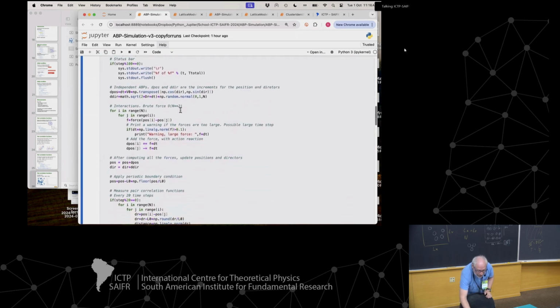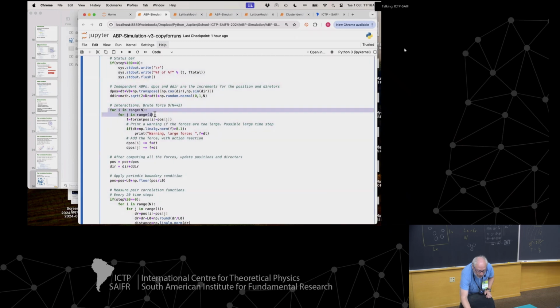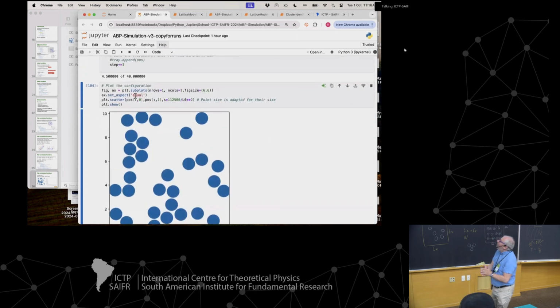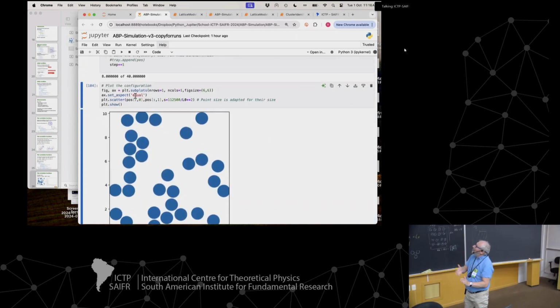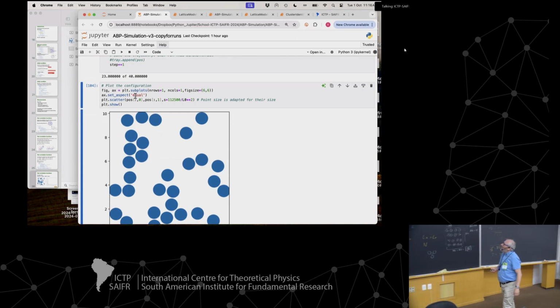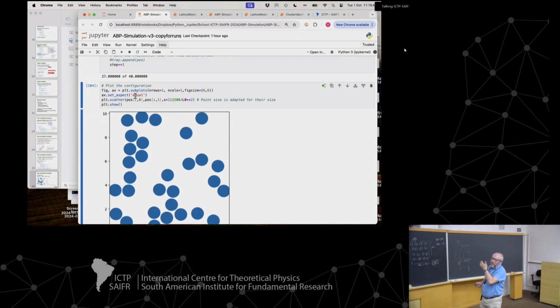As I told you, it's a brute force code over all the particles. And here it is running. Okay, you have to be patient. I put it that way because otherwise I didn't know how long it was going to take. So it's just 20 particles, I said. So it's done.